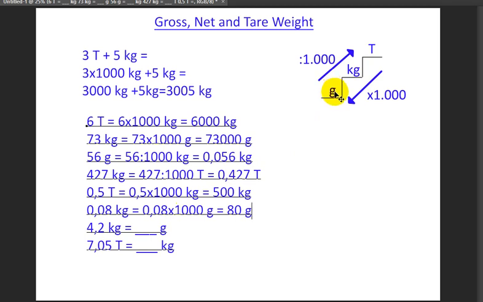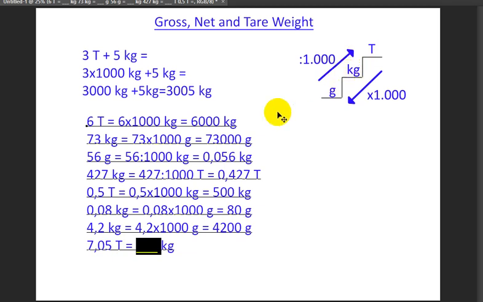Again, a step down, so I need to multiply 4.2 by 1,000, and we get 4,200 grams. Lastly, we have 7.05 tons, and we want to turn that into kilograms.